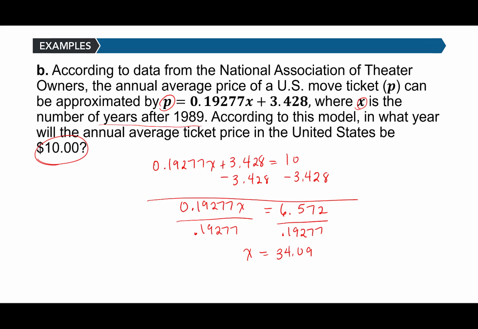This therefore says that the average annual ticket price will be $10 in 34 years after 1989. To get the exact year, we can add 34 years to that base year of 1989, and that gives us the year 2023.